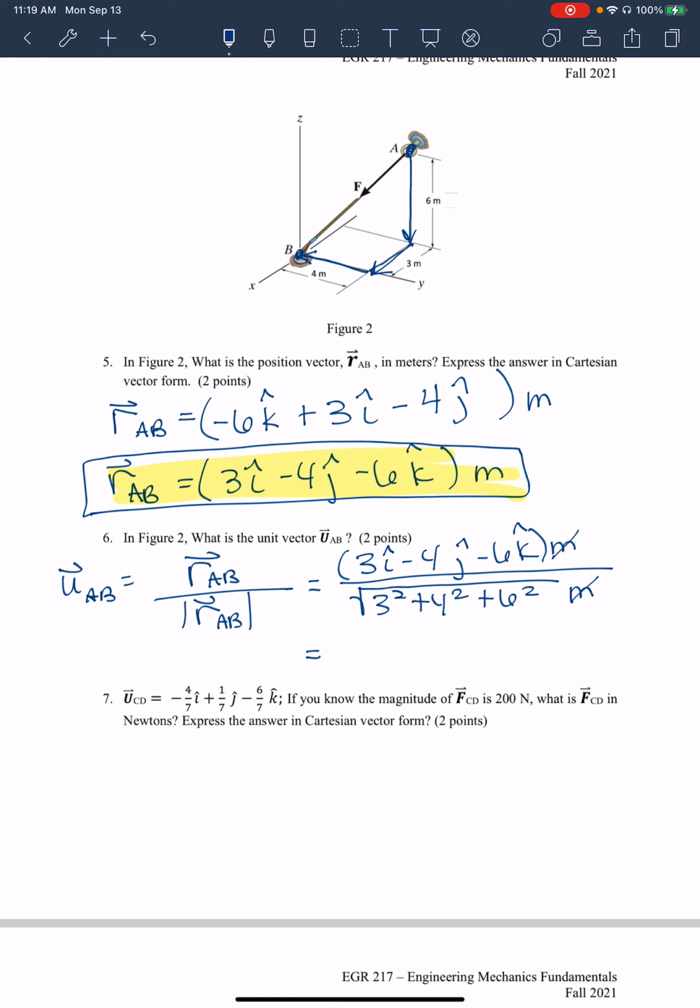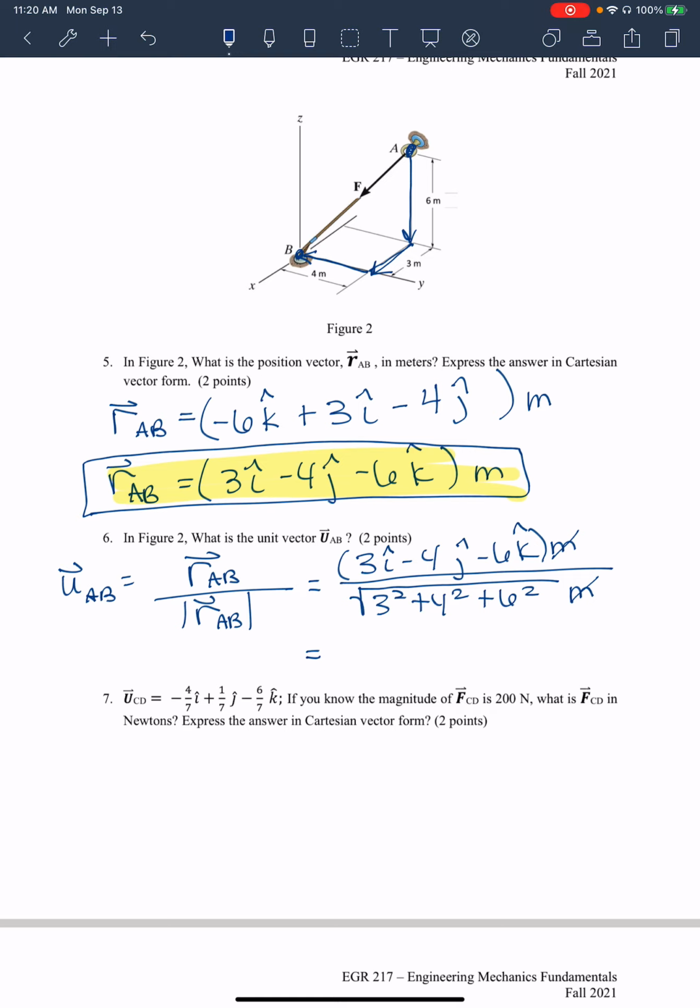So just calculating that out. It's basically the square root of 61 on the bottom, which is 7.81.